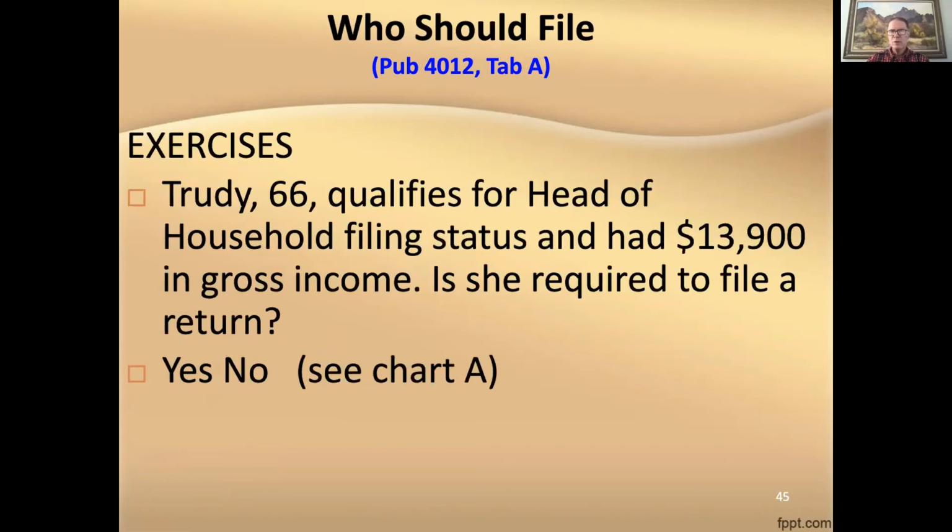Well, she's got more than a single person's requirement of $12,550 gross income. But if her filing status is head of household and she had $13,900, is she required? No, because head of household's filing threshold is like $18,000 plus. Head of household is about halfway between single and married filing jointly, if you'll think of it in those terms.